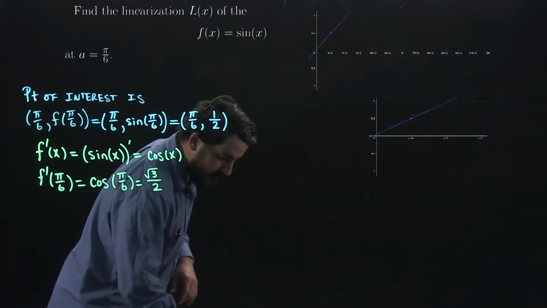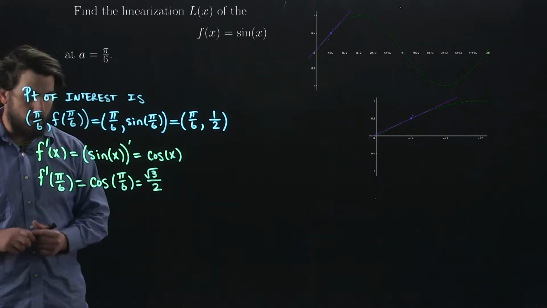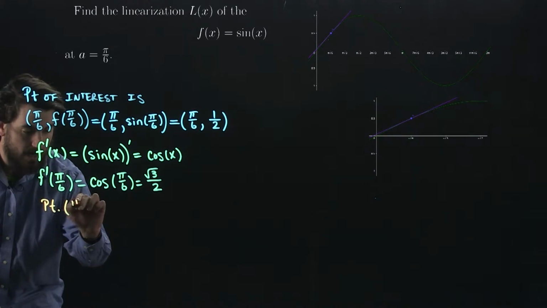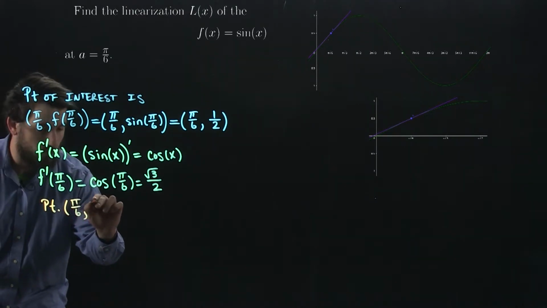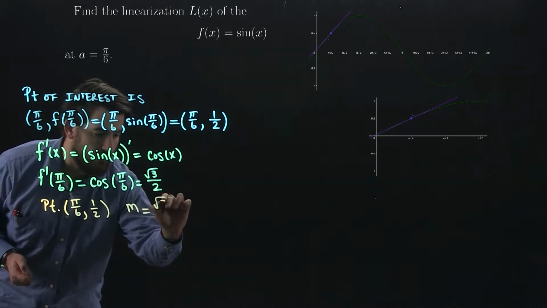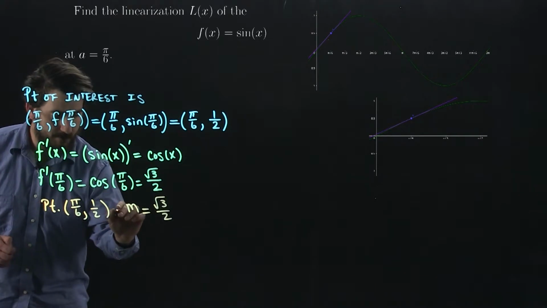Now, to construct the tangent line equation, we're going to use point-slope form. We know that the point is pi over 6 comma 1/2, and our slope equals root 3 over 2, which we got from the derivative.